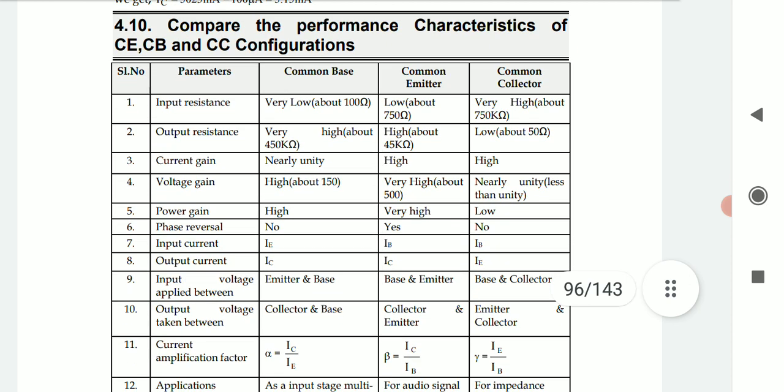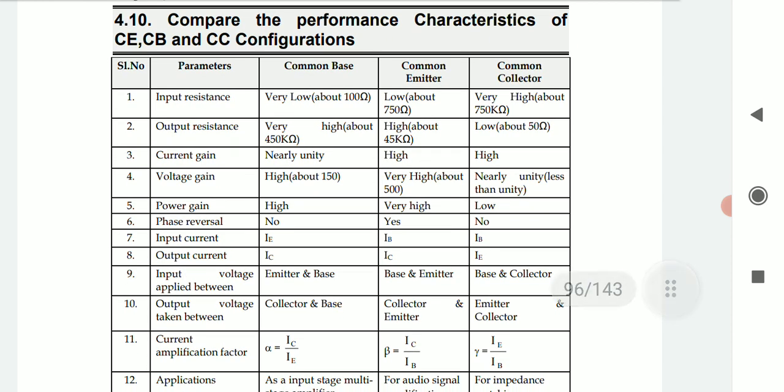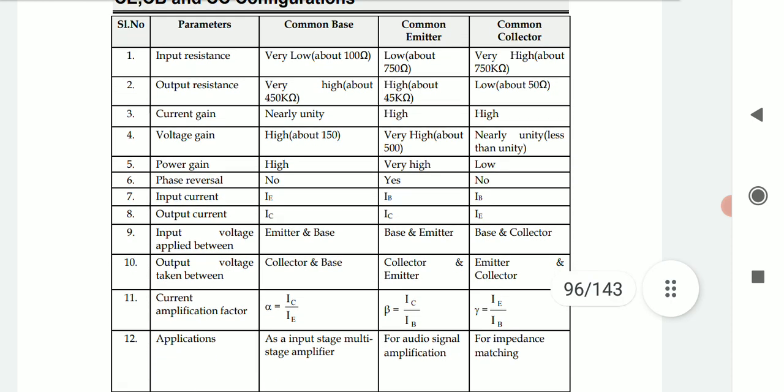Here is a comparison of the characteristics of common base, common emitter and common collector configurations. For the three configurations it is given: first common base, common emitter, common collector.